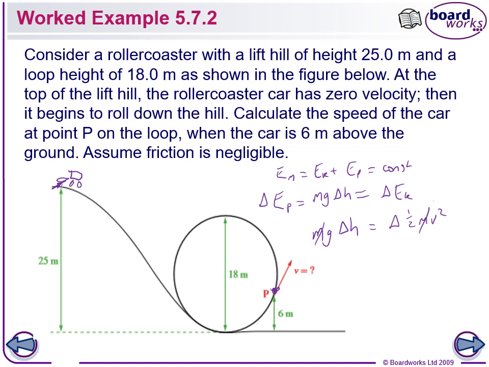So we can do 2g delta h, and the square root will give us our v. So that is the square root of 2 times 9.8 times 19.